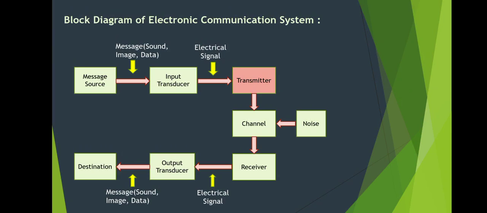Next block is transmitter. The functions of a transmitter are modulation and amplification of the signal. The modulation process will be explained in the next video lecture. Next block, channel. It is the communication link between transmitter and receiver. It may be wired or wireless channel.